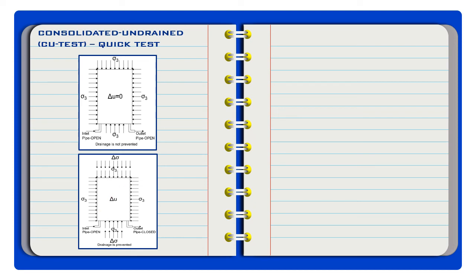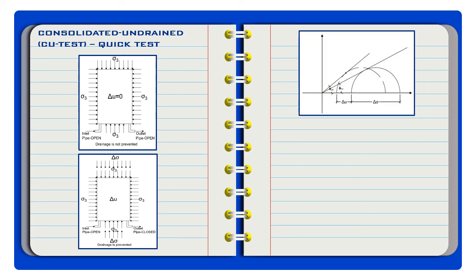So ngayon, ano yung pinagkaiba na niya sa CD test using the Mohr-Coulomb failure diagram? As you can see, yung broken line dito, that corresponds to a CD test or the consolidated drained. Then, ano yung pinagkaiba nilang dalawa? Ito si consolidated undrained. So, baguhin lang natin. Gawin ko siyang green. So, this is the consolidated undrained.